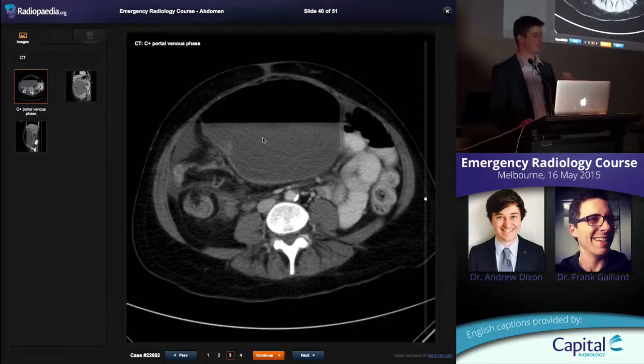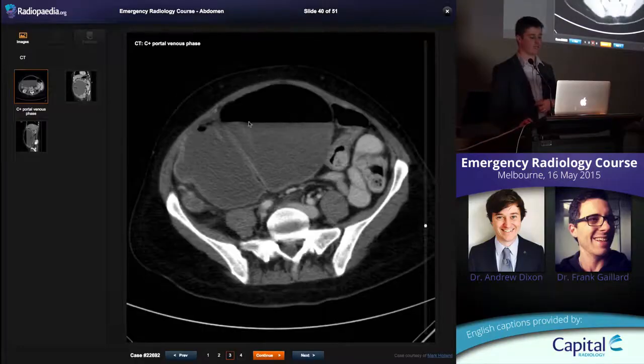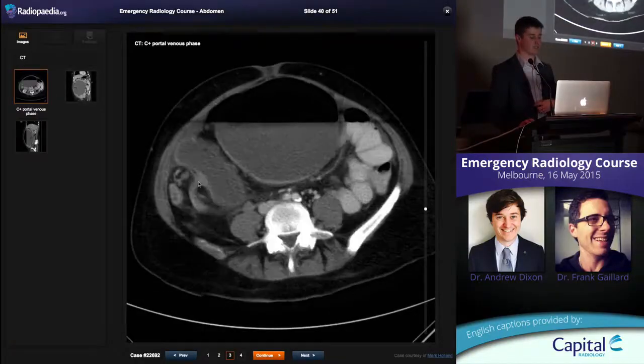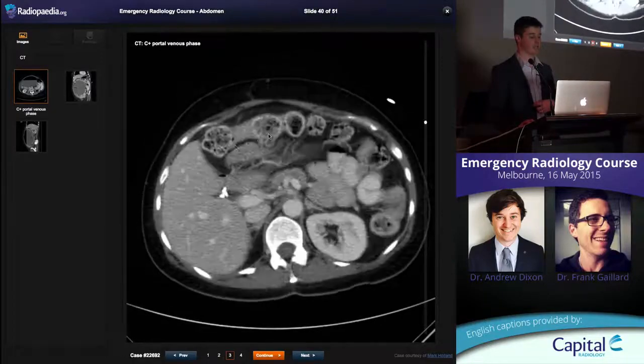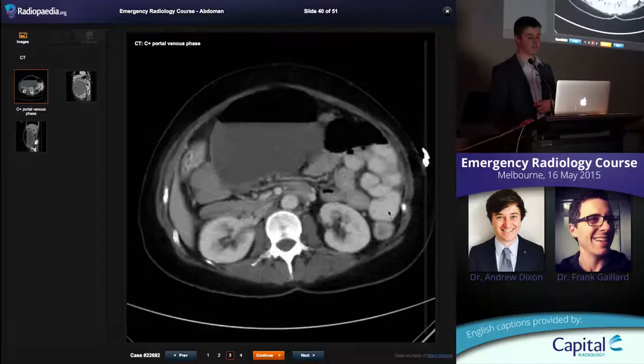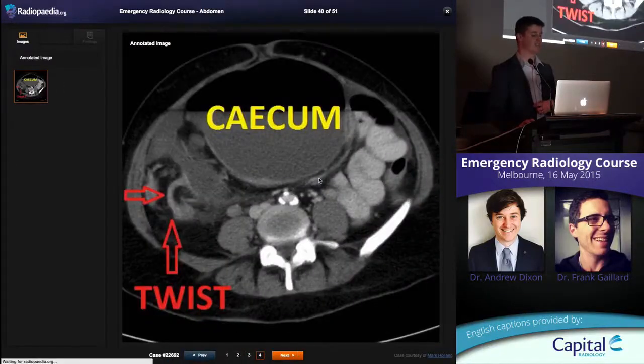The cecum has a variably sized mesentery. Sometimes it's big and it can volve, okay? So here's the very big distended cecal segment, and look at that beautiful twist as it comes out of there, okay, into collapsed. The rest of the large bowel's got feces in it, but it's relatively collapsed. I love this annotated image on the site because it just says, cecum, twist.